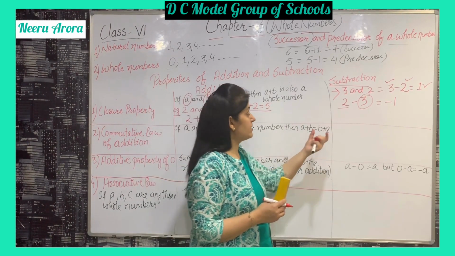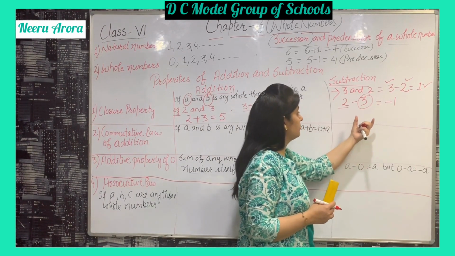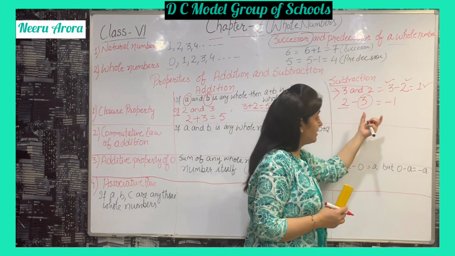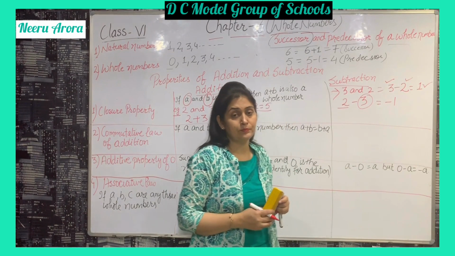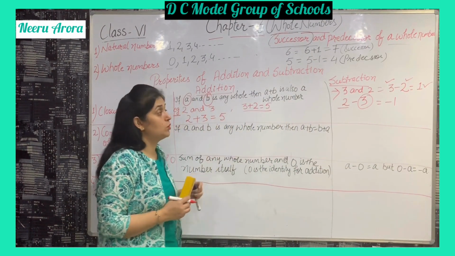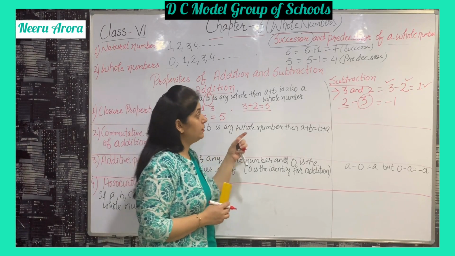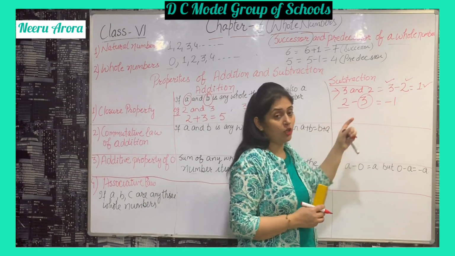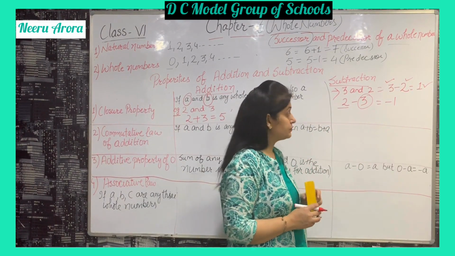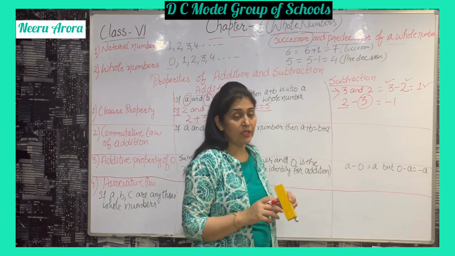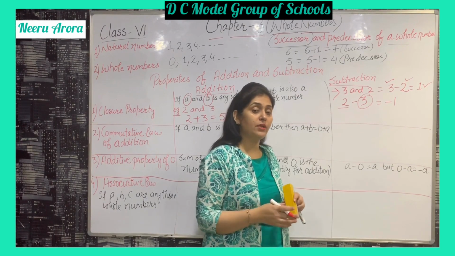When we subtract a bigger number from a smaller number, we get our answer in negative form. But negative numbers are not whole numbers. So this property is not applicable to subtraction on whole numbers. So we can say that a minus b cannot always be a whole number.